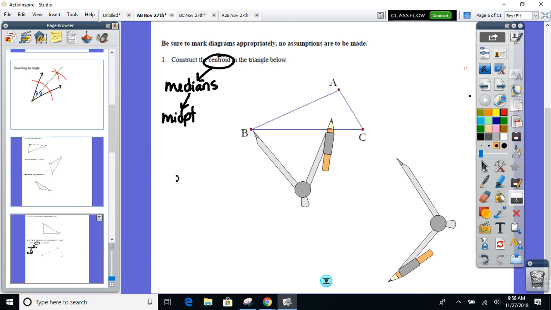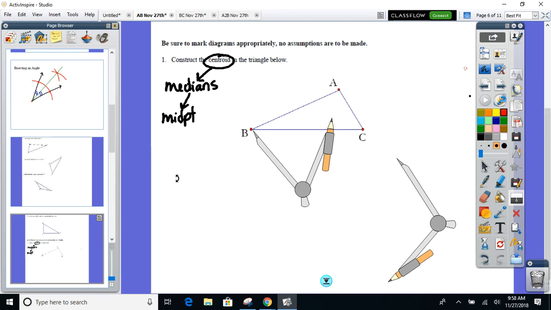Okay, you guys are finding the median, right? But where do medians always start? At a vertex. So once you guys find the midpoint of BC, connect it to A with your straight edge. Connect it to A. What you guys are just drawing in is a perpendicular bisector, which is fine, but I need a median.